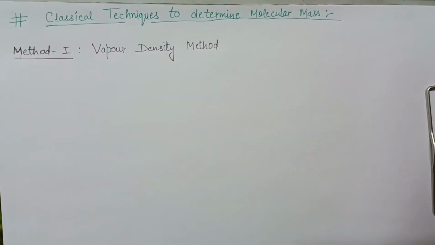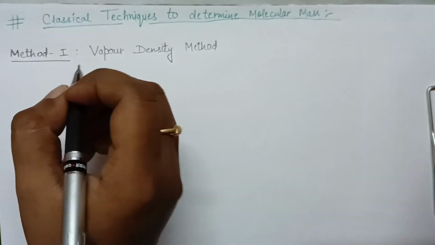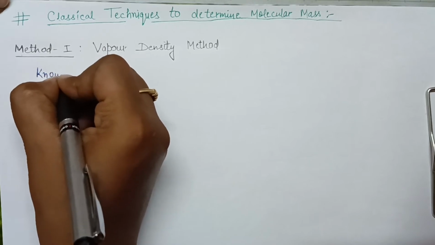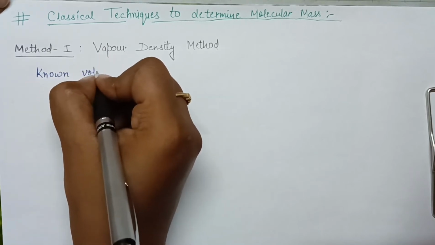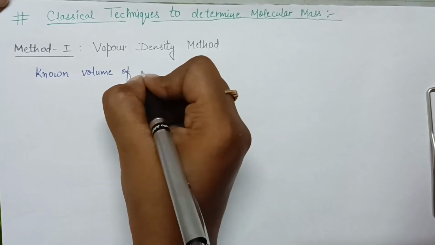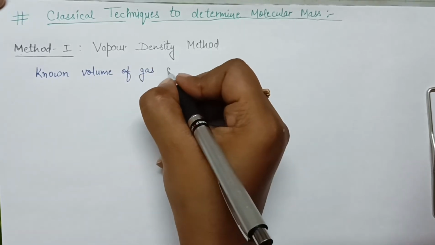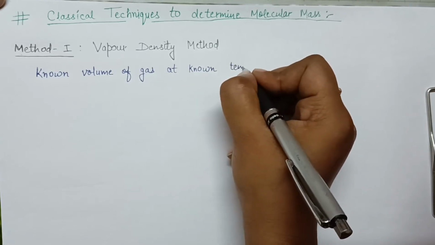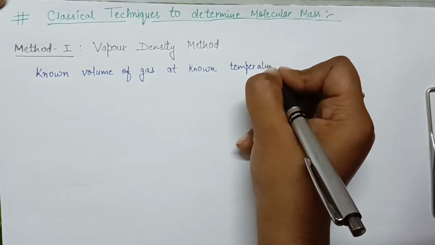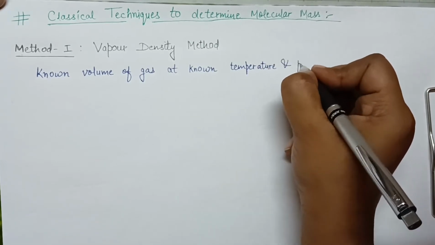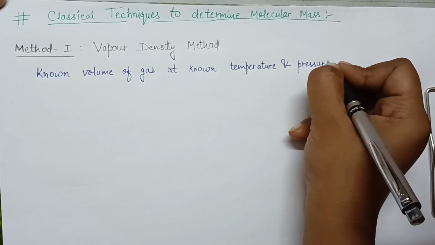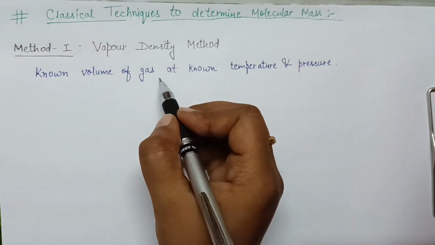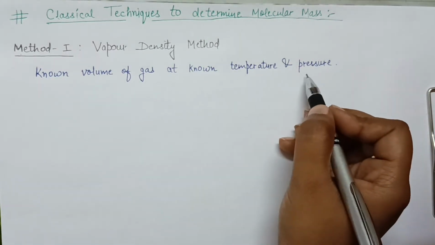In the vapor density method, we will take a known volume of gas at known temperature and known pressure. Suppose we are taking any gas, and we know the volume of that gas at known temperature and pressure.